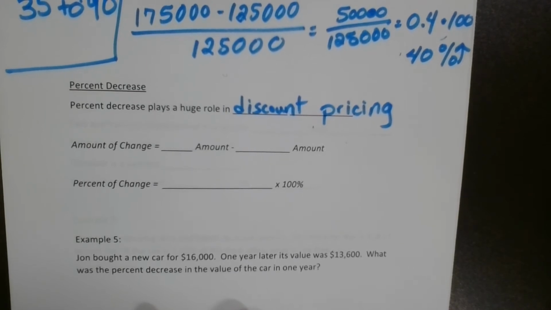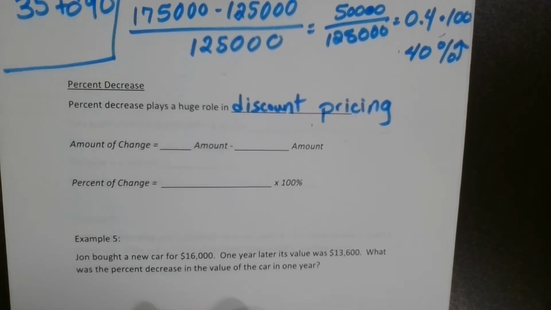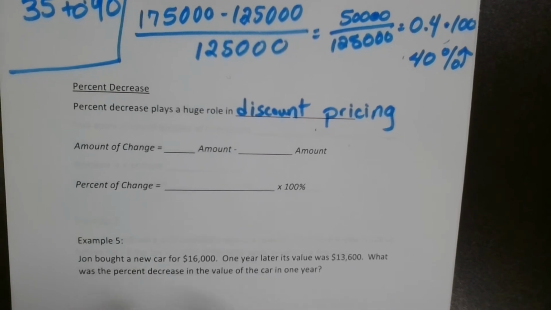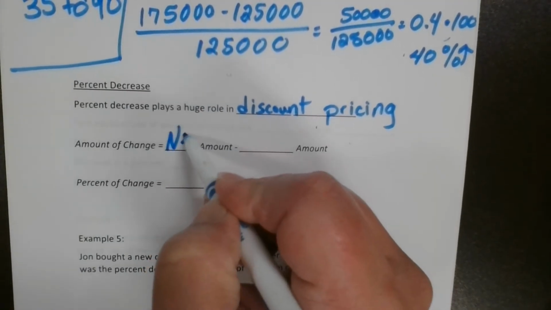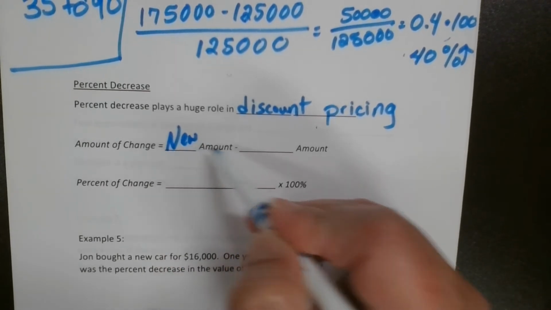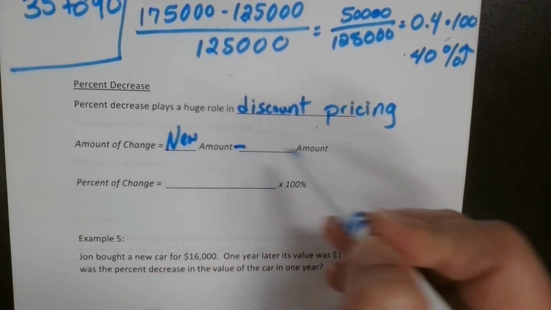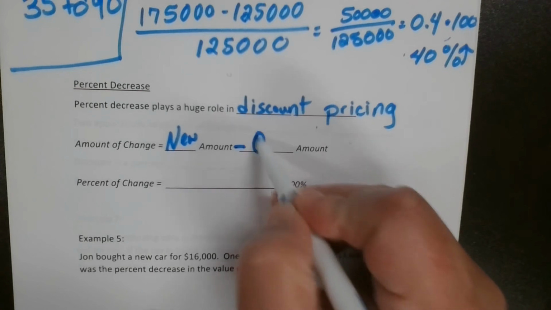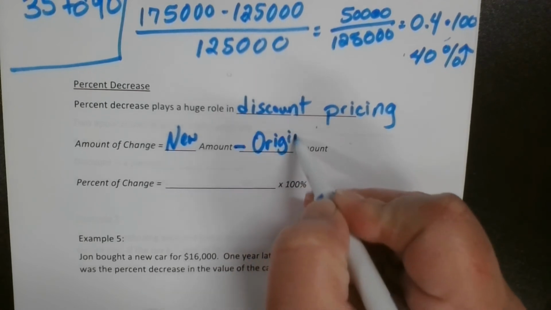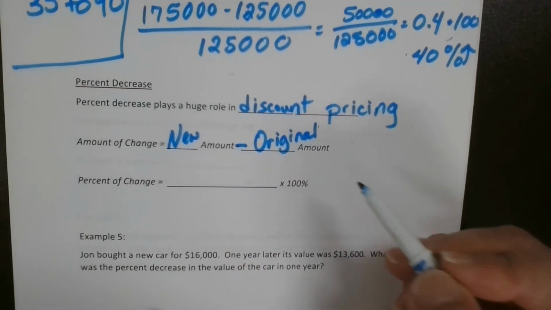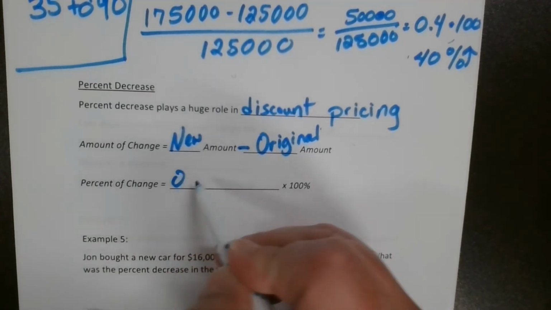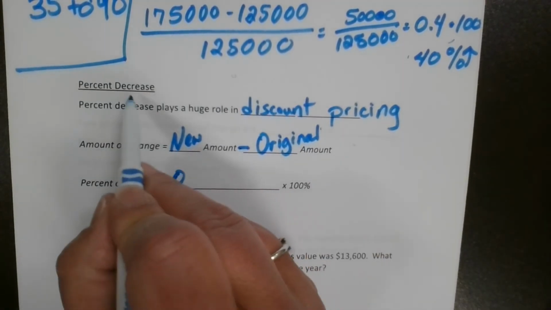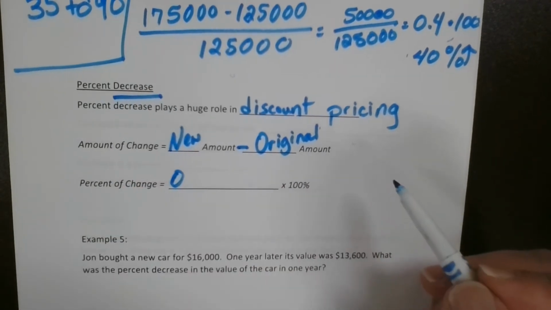Or if they say this is decreased, but they don't tell you by what percent. So you take the new amount minus, that's a minus sign, minus the original amount. And that is a percent of change, the same thing, except we're going to have a decrease. We're finding decreases this time.